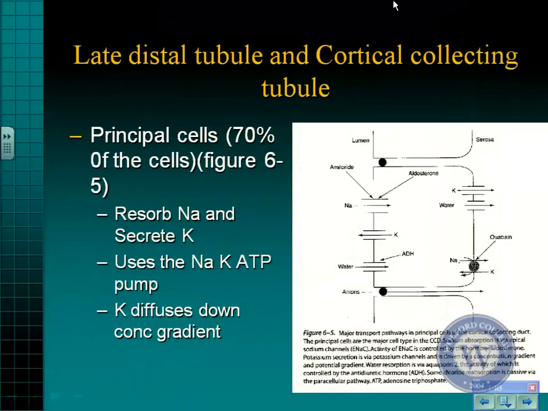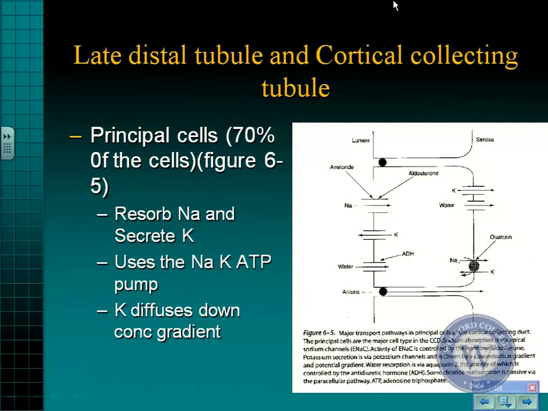Now, when you get further down, you get specialized cells in the distal convoluted tubule. It's called the late distal, and about 70% of the cells in that area are called principal cells. I like principal cells because what they do is reabsorb sodium and secrete potassium, which is good because that means you can waste potassium, a waste product of metabolism.